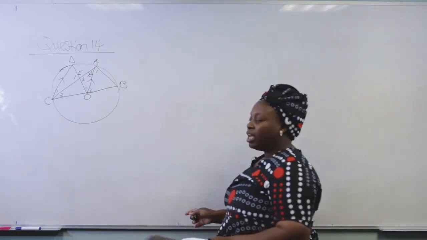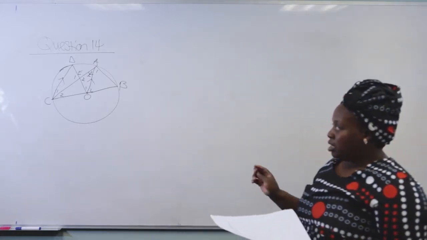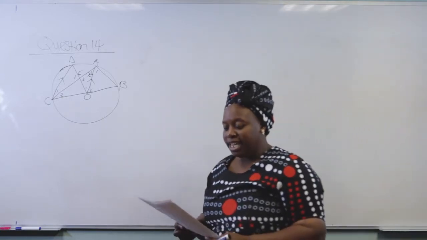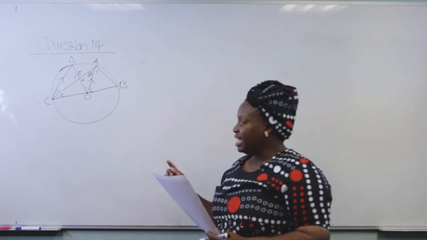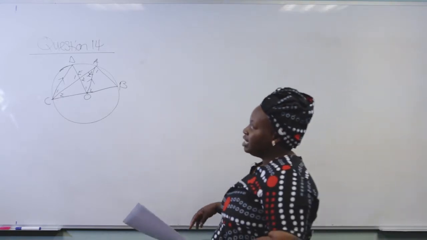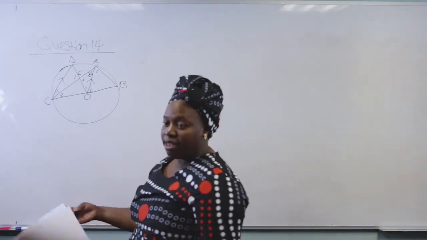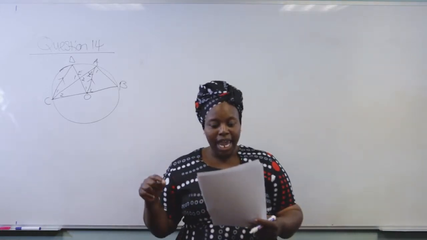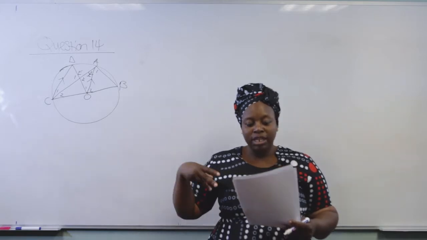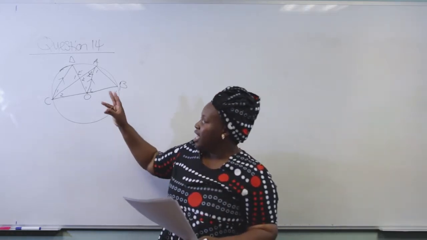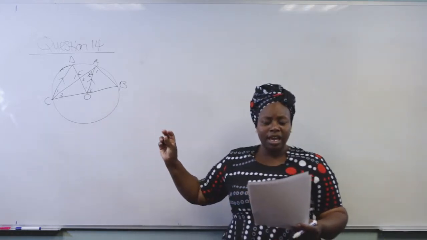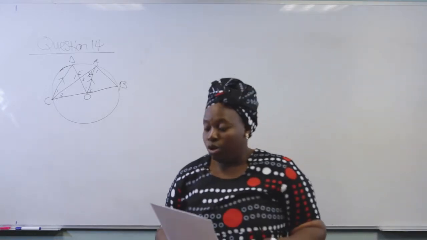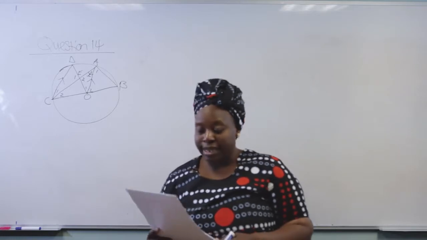Now, before I look at the question, we have to look at the information given. They said, in the diagram, O is the center. Now we know if you have the center, there's an angle at the center and an angle at the circumference. And they said A, B, C, D are points on the circumference. They're not necessarily exactly a quadrilateral, but they are on the circumference.